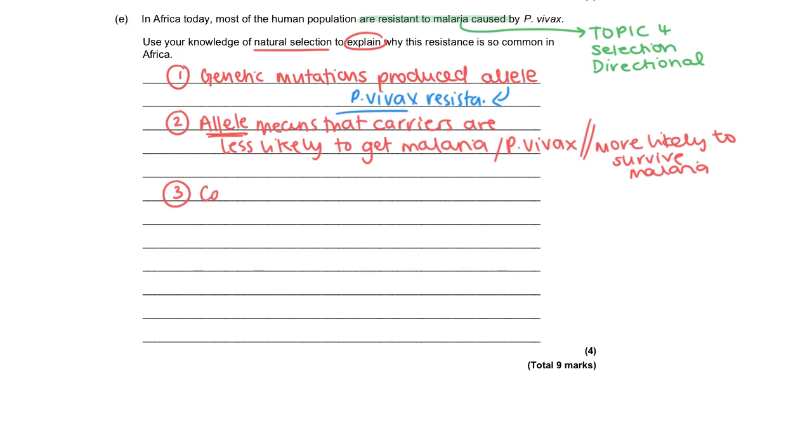So, carriers of allele. And we're going to do the holy trinity of natural selection. So we're going to survive, reproduce, and the most important part for this third mark is to pass on the allele, not the gene. Remember, it's the allele, it's the variant that we've got.